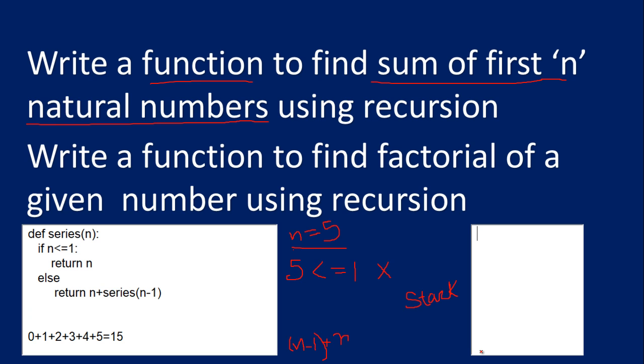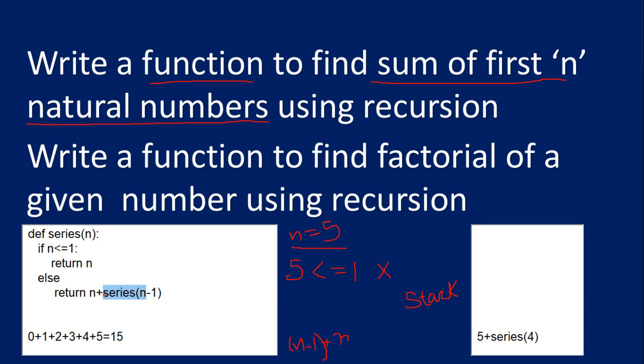Now in the stack, what will be the last value that is present? In the stack we will get the last value as 5 plus series of n minus 1, that is 4. This is basically the calling of the function.